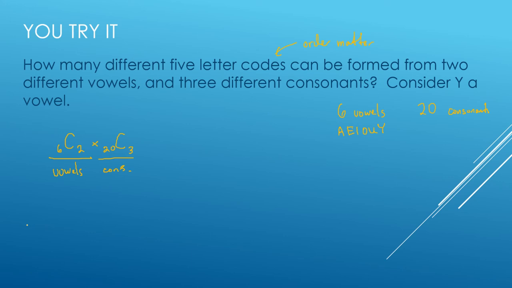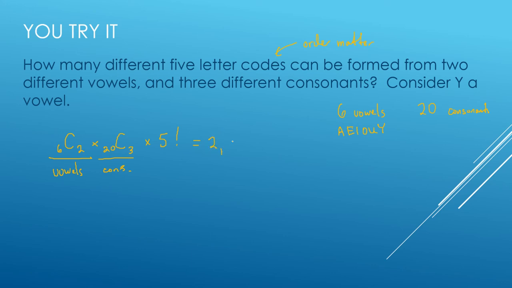But right now, this just gives you a group of letters. We don't have them arranged yet. We have to multiply by 5 factorial because we have 5 letters, and then we've got it. So 6 choose 2 times 20 choose 3, and I think you've got this, but at this point we're just using the combinations button, the permutations button on our calculator.